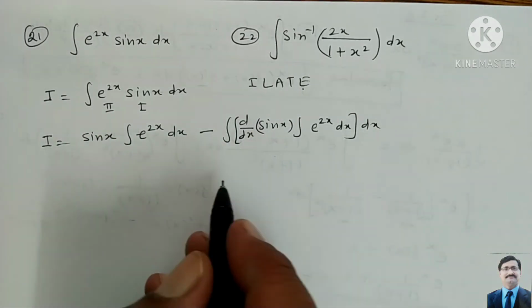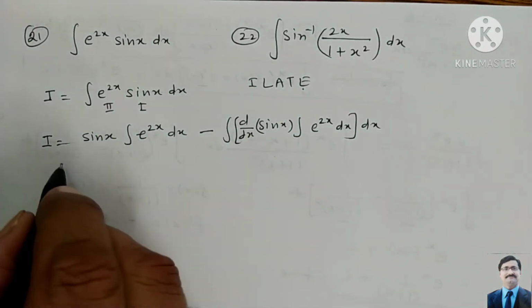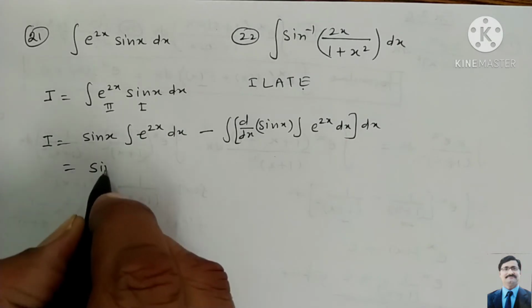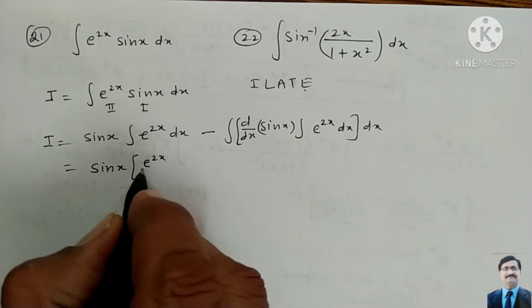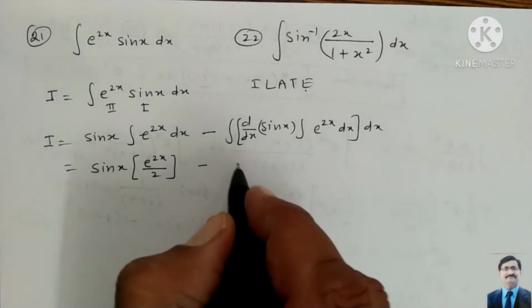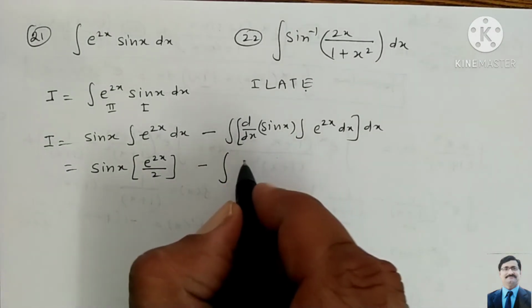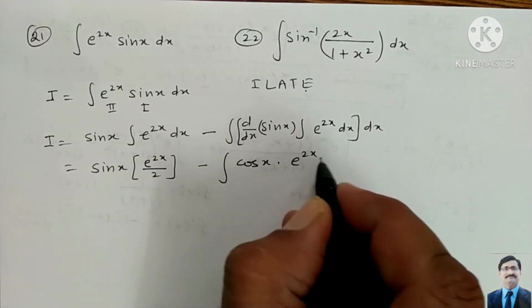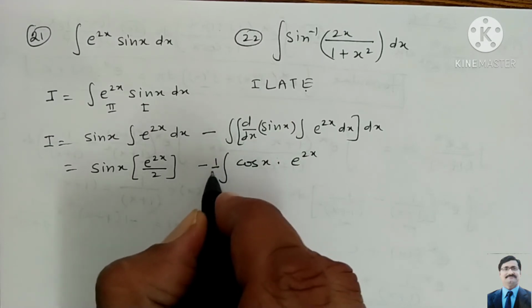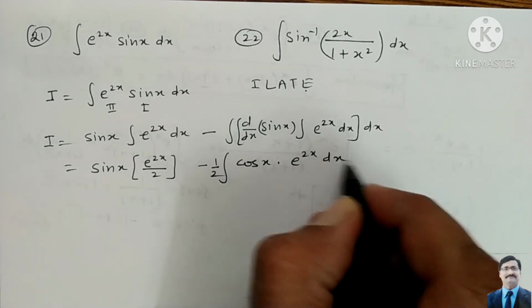This is the formula you know already. And here sin x as it is, the integral of e^(2x) is e^(2x)/2, and here the differential of sin x is cos x, and e^(2x)/2 we write outside, and dx.